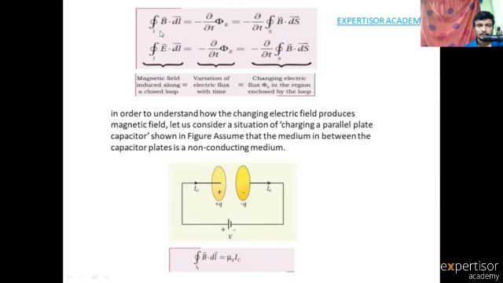Here, the change in magnetic field is equal to a change in electric flux, that is equal to the change in magnetic flux.